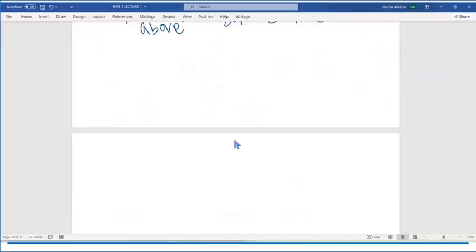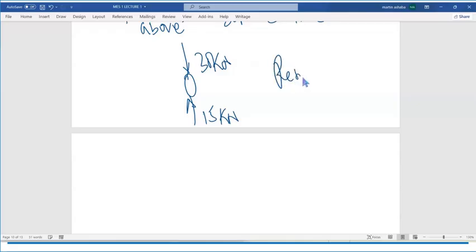If they were like this, maybe this is 15 kilonewtons, maybe this is 30 kilonewtons. The resultant here would be 30 minus 15, giving us 15 kilonewtons.